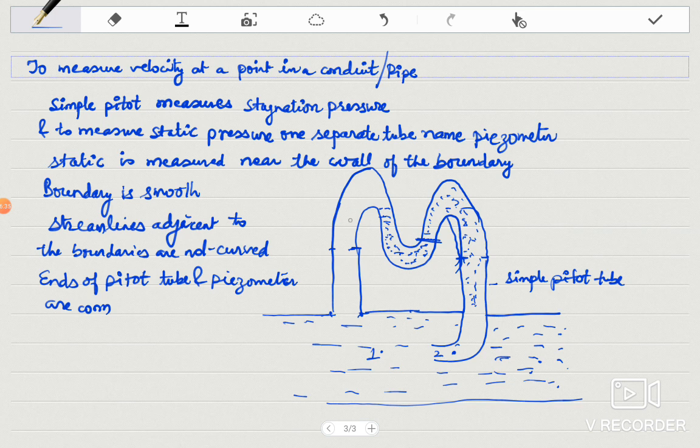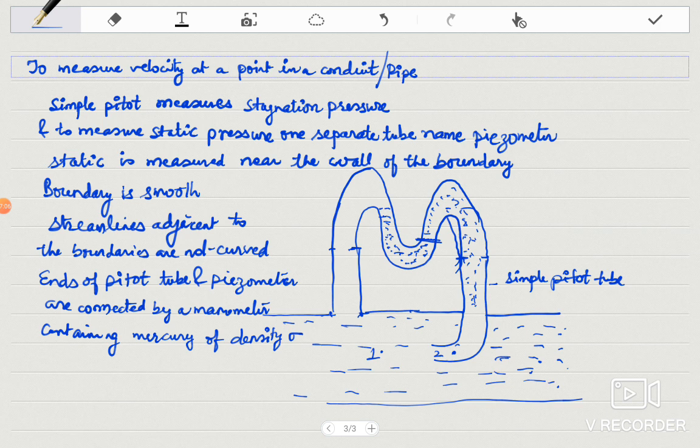Both of these ends are connected by a manometer. And this manometer is containing some fluid. Suppose it is containing mercury, of some density, let us say sigma.